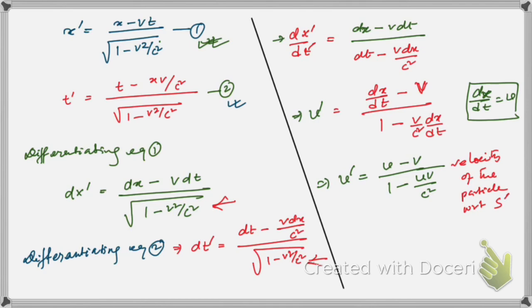Now let us find the velocity of the particle with respect to S, sorry, not S dash, S. Then just replace u dash by u and u by u dash, then the sign will be changed. So u will be equal to u dash plus v by 1 plus u dash v by c square.